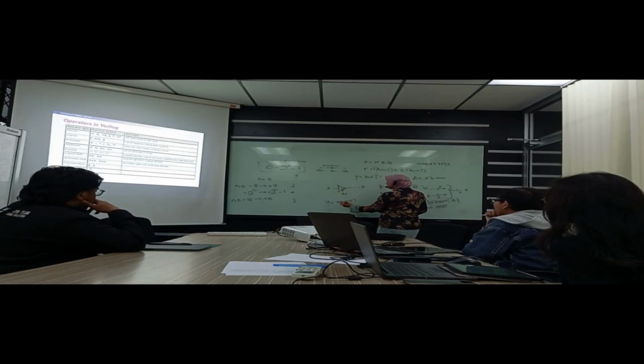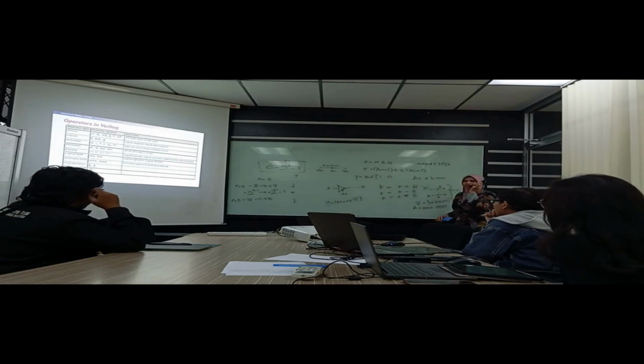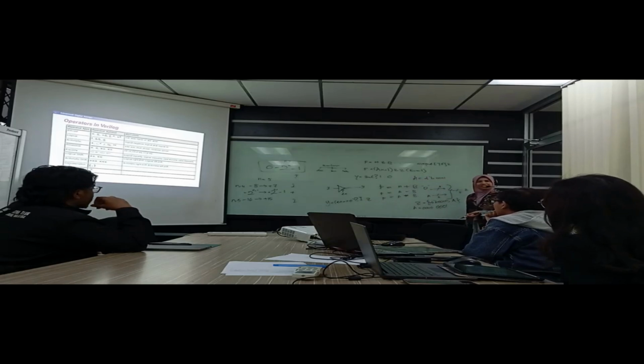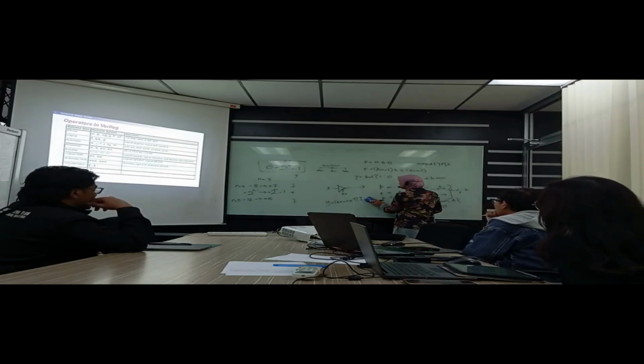Logical equal, right? Is En equal to 0? Yes, then Y is I. Otherwise, Y is Z. How to write the Z? No, wrong, it should be 1'bZ.